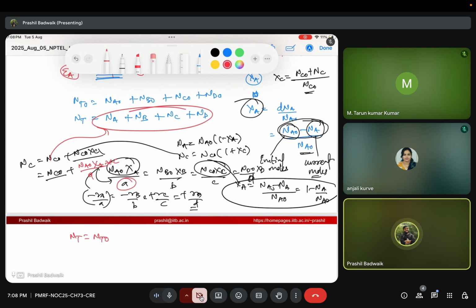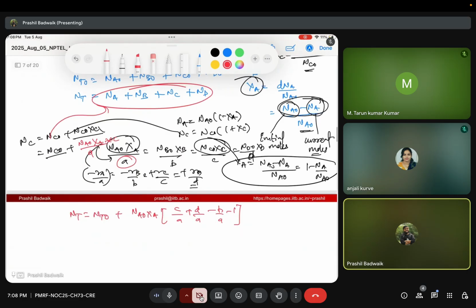You are supposed to get the total number of moles at the end, which is equal to nt naught plus na naught xa times C by A plus D by A minus B by A minus 1. If you write it, it is nt naught plus na naught xa times (C plus D minus A minus B) divided by A. So what is this?